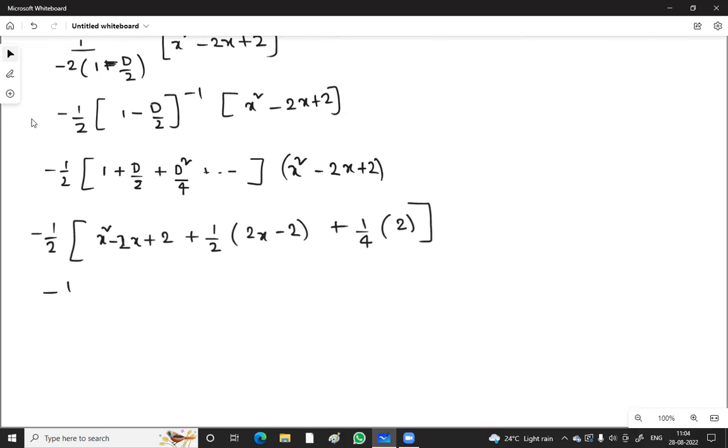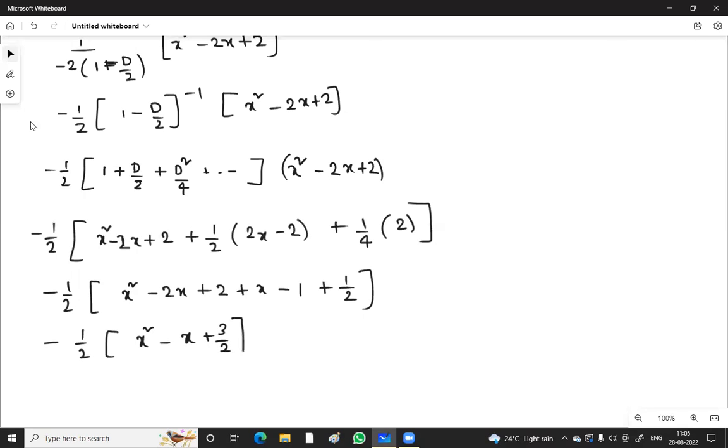So minus 1 by 2 into x square minus 2x plus 2 plus x minus 1 plus 1 by 2. Still you can solve: minus 1 by 2 into x square minus x plus 2 minus 1, 1 plus 1 by 2, 3 by 2. That's it, this is the solution.